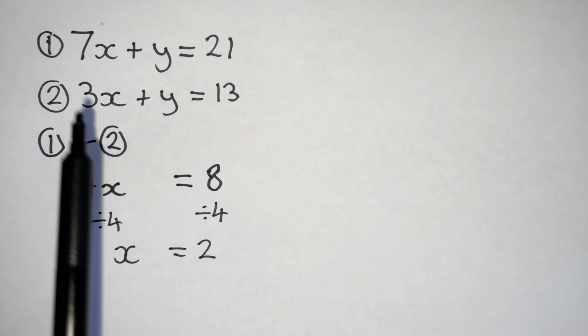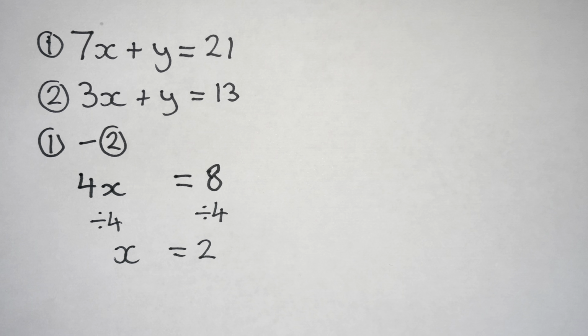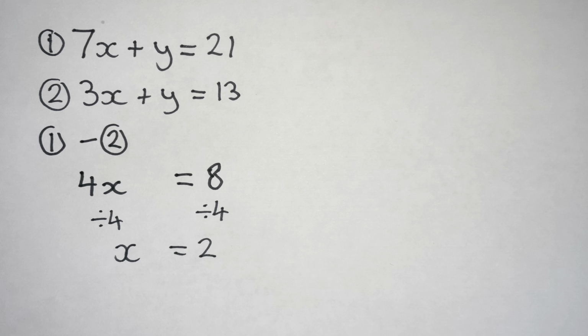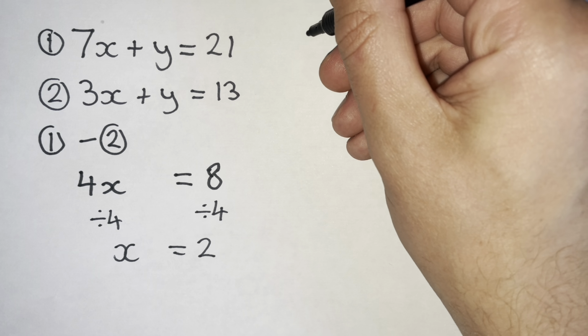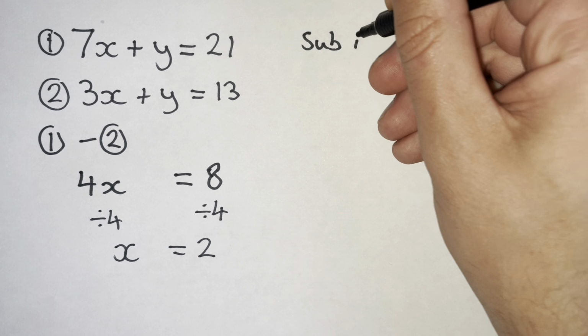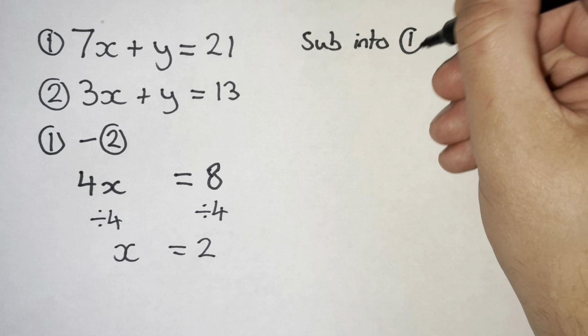So I found out what my x is. Now I need to use that x to find out what y is going to be. To do this, I'm going to substitute this x equals 2 into one of my two equations. It doesn't matter which one I pick, I'm going to pick 1. So I write sub into equation 1.